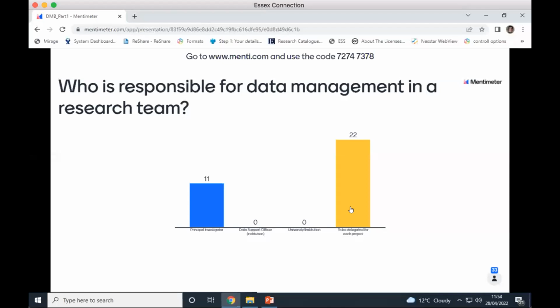So if perhaps someone is responsible for anonymization, someone else is responsible for transcription, someone else is responsible for data sharing. It's just important that this is clearly established in the data management plan, and you have the exact person there responsible for everything. Okay.